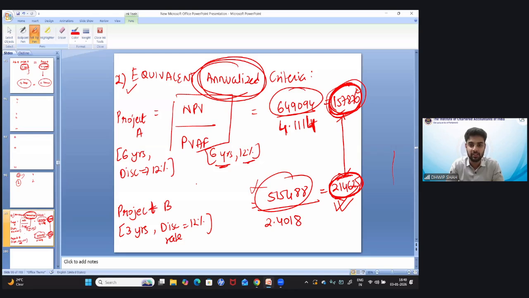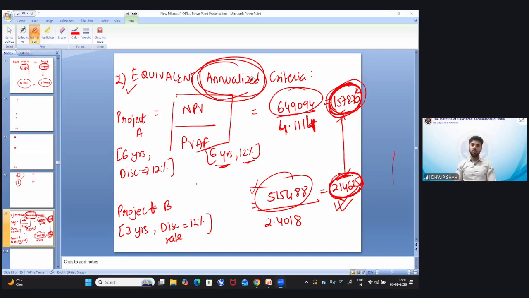So this equivalent annualized criteria is nothing but bringing the total NPV of the project on per year basis. Now see, which project generates more NPV per year? NPV means, in loose terms, profit. So that's why we select project B.